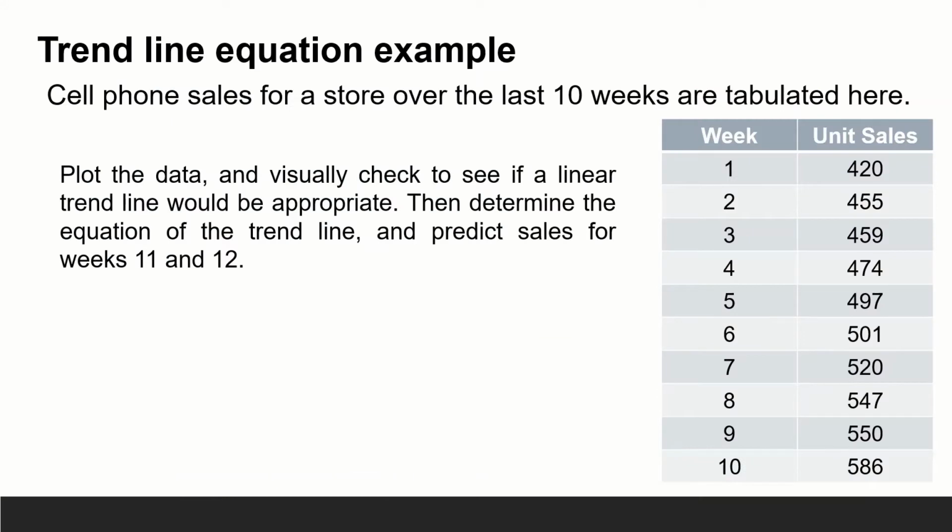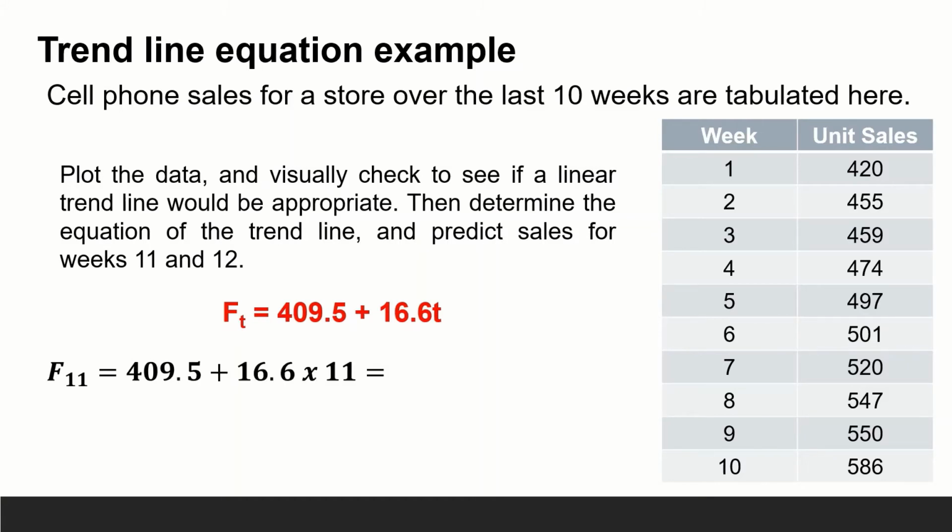Now let's go back to see what is required. It is required to predict the sales for weeks 11 and 12. To predict the sales for week 11, simply substitute in the equation t equals 11. So, F11 equals 409.5 plus 16.6 multiplied by 11 equals 592.1, approximated to unit to be 592 units.